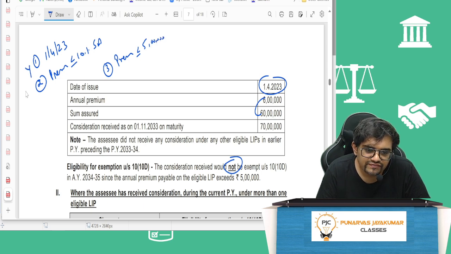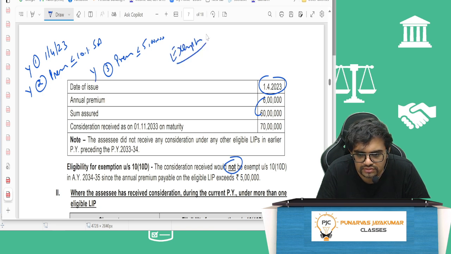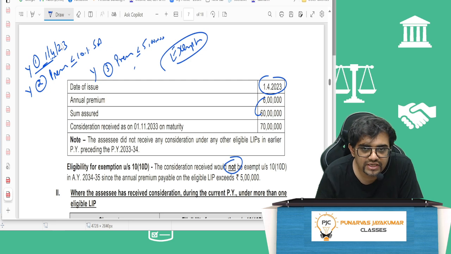If it is a yes, yes, yes, then exemption. If the 2 and 3 are a no, then no exemption. If the first one is a no, meaning it is issued like in 2013 or something, then the third condition will never come.